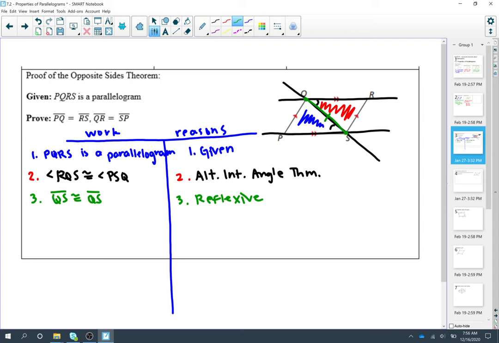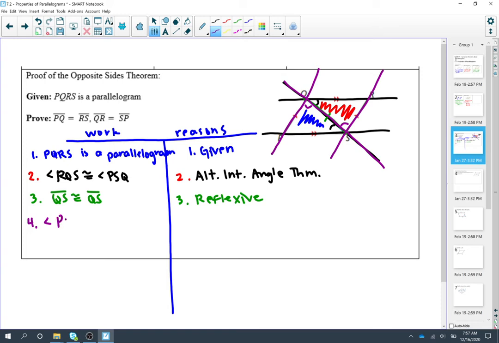The next thing I'm going to look at is these 2 parallel lines, and I'm once again going to look at this transversal. I'm going to look at this angle, which is caught between the purple, and this angle, which is also caught between the purple. And I'm going to say angle, let's see, is that a P?